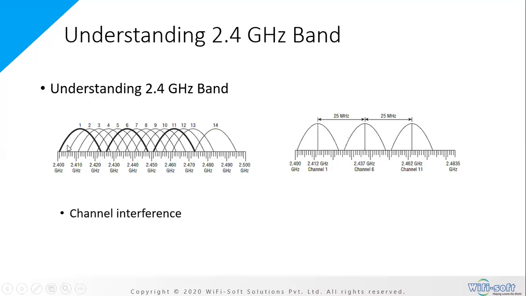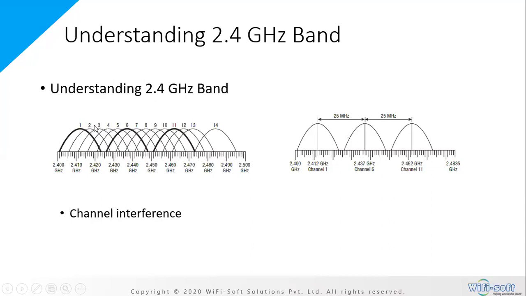And you can see that there are these umbrellas that are created on each of those bands, right? So the idea here is that there are 11 or 13 bands, depending upon how you're looking at it. But you can see that there is a lot of overlap happening between these bands.